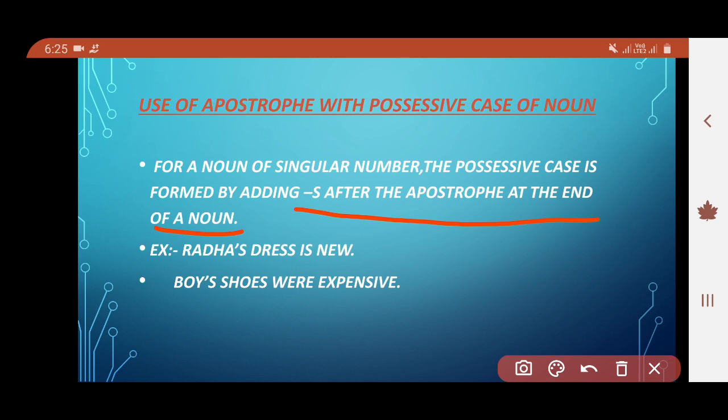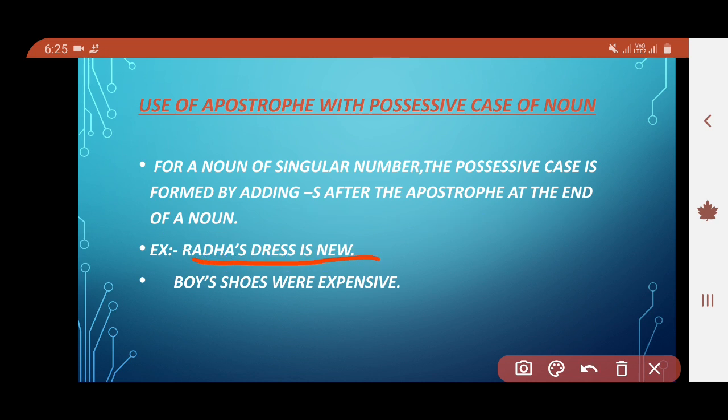I hope everyone knows what is singular or plural number. Yes or no? So, if the noun is in singular form, the possessive case of that noun can be formed by adding s after the apostrophe at the end of a noun. So let us check with some examples.